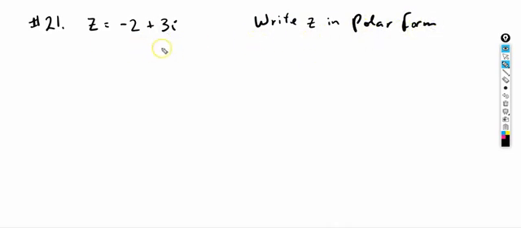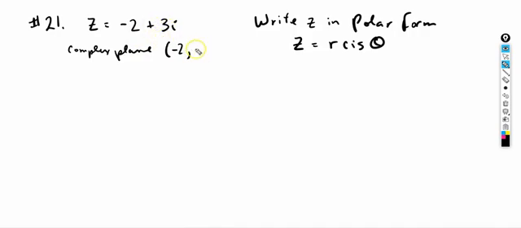The instructions for this set said to write your angle in degrees. Okay. So we're going to have to find r, and we're going to have to find cis theta. Well, if we graph that in the complex plane, we get the point whose x-coordinate is the real part, and whose y-coordinate is the imaginary part.